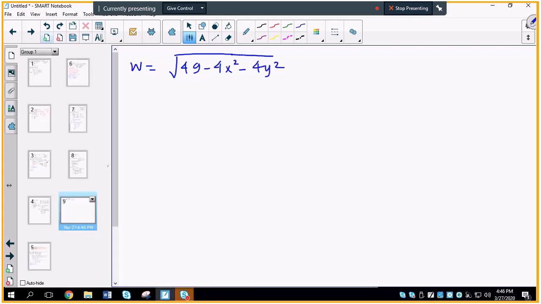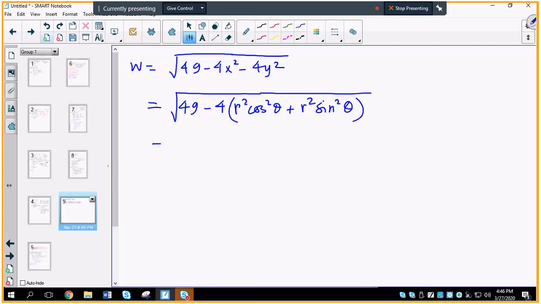And we have been substituting properly for x and y. So 49 minus take 4 out. X squared is r squared cosine square theta. Y squared is r squared sine square theta. And then I factor out the r squared. So I get square root of 49 minus 4r squared.